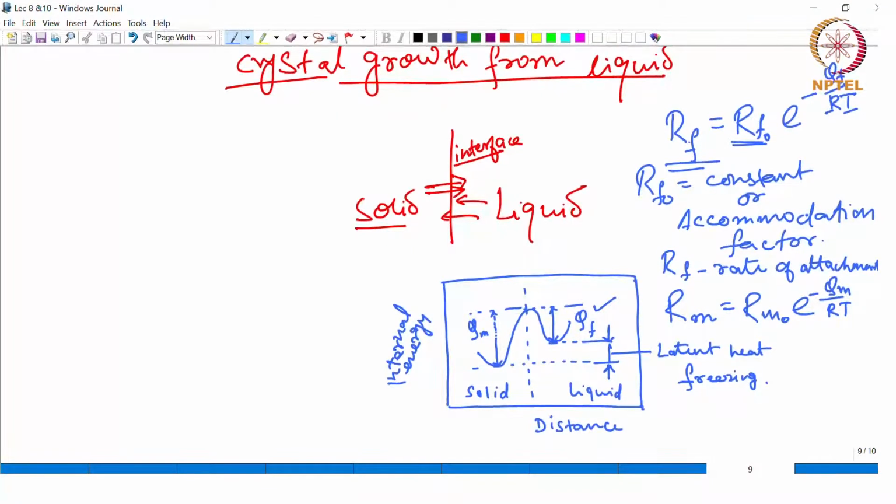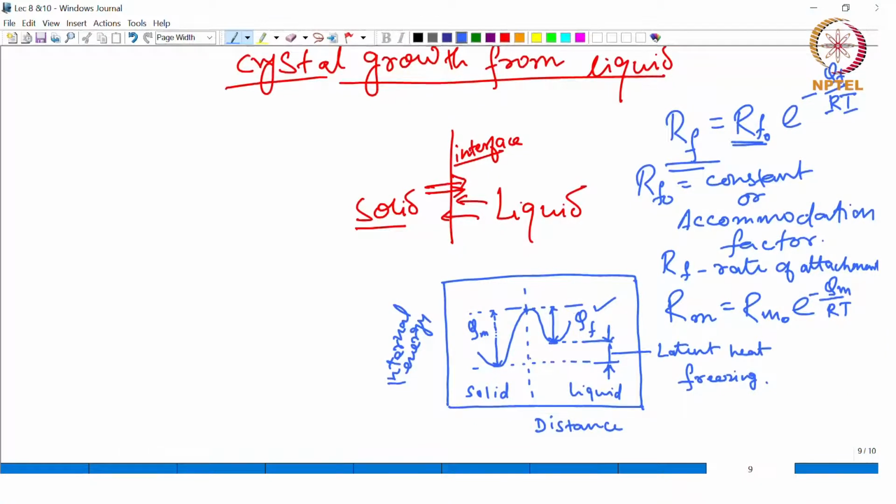And as a result of that growth, this interface is also going to attain a particular growth velocity, because the interface is also going to move when the solid grows.